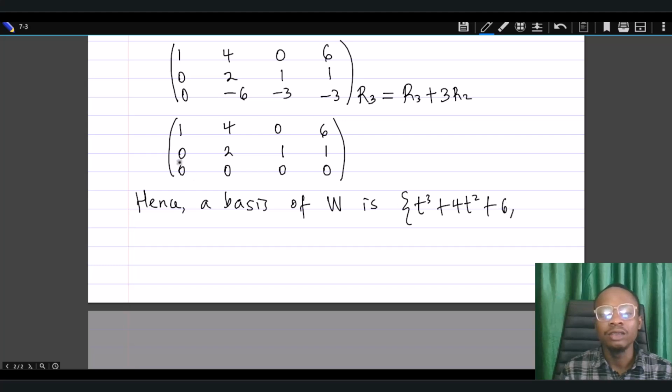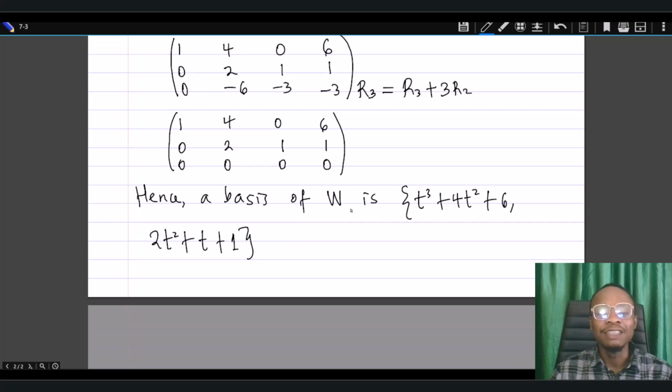Then the second vector: the coefficient of t cubed is 0, so we ignore that. The coefficient of t squared is 2, so this is 2t squared. Then the coefficient of t is 1, so that will be plus t, and then the constant is 1, so that is plus 1. So we can write 2t squared plus t plus 1. So that is that for a basis of W.